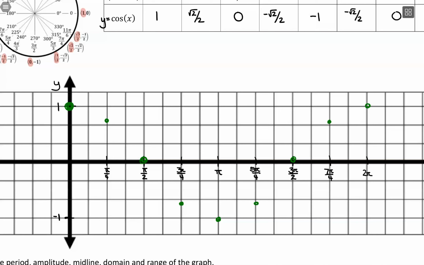So, I just need to slow down to make the graph as accurate as I can. Alright, and then it continues on forever in either direction, but here we can see a single period.